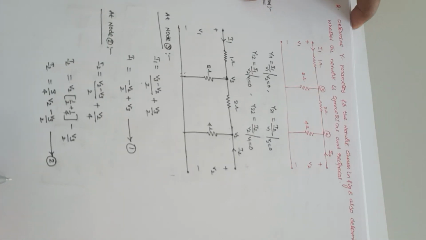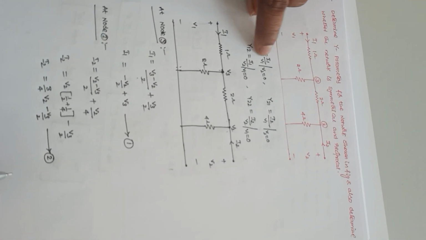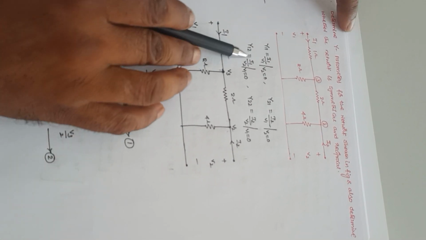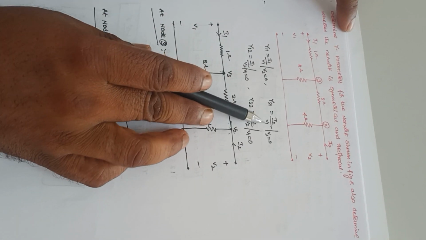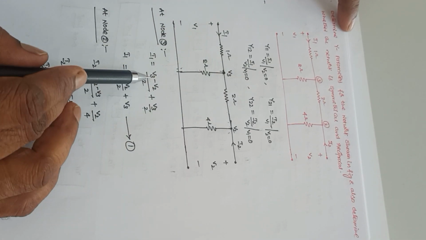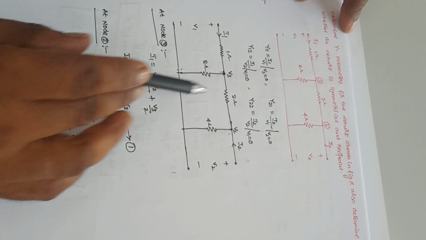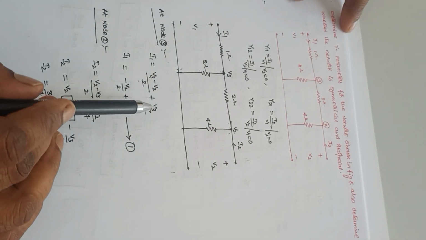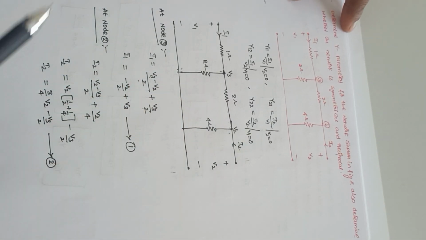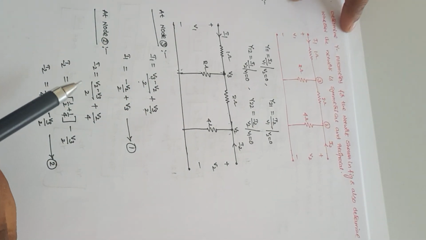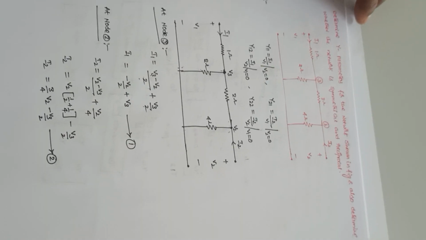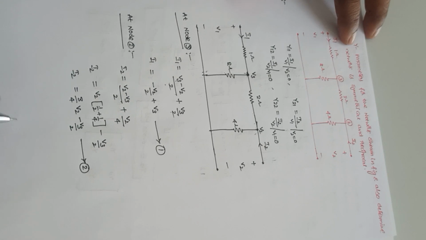To find Y11, it should be I1 by V1 at V2 equal to 0. The terms are I1 by V1, I1 by V2, I2 by V1, I2 by V2. There is no term of V3 here, no variable of V3. So I need to replace this V3 in terms of V1, V2, I1 and I2. For that, I need to use one more expression.